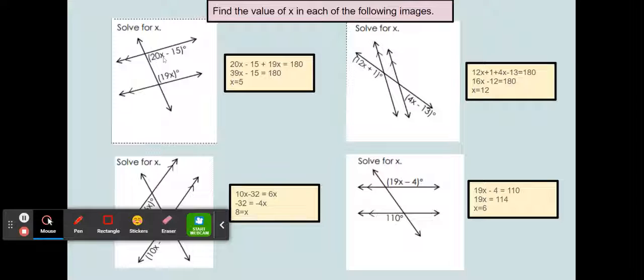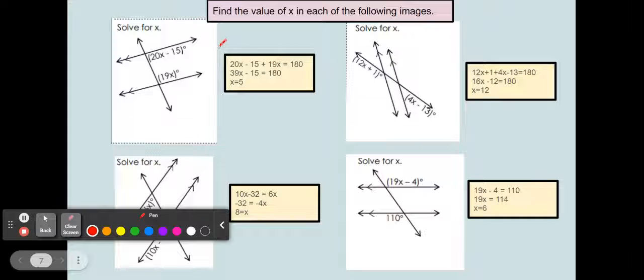Notice slide 7. These two angles are same side interior. They're on the same side of the transversal. They're to the right of it. And they are inside the parallel lines.